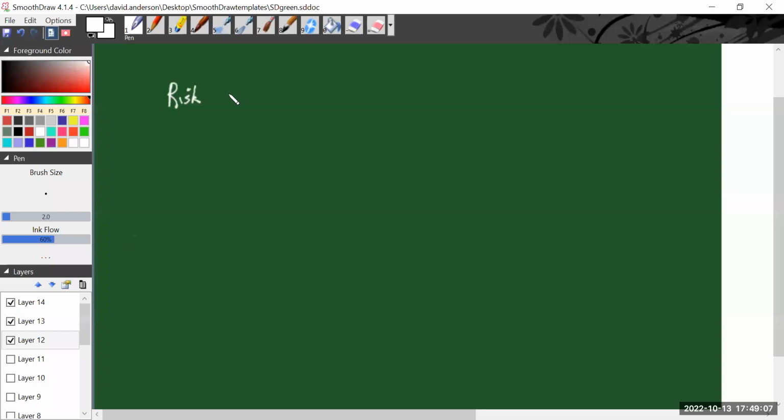So, risk factors for atherosclerosis. Smoking. That's a big one. What we know smoking does is it actually has elements in the contents that will be directly involved with damaging the endothelium.